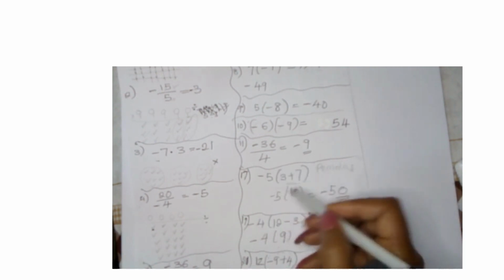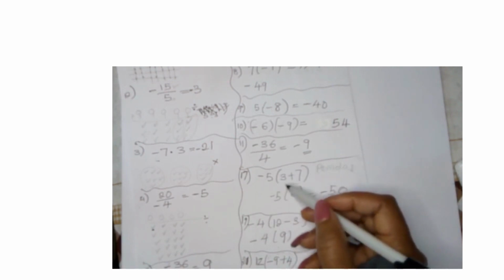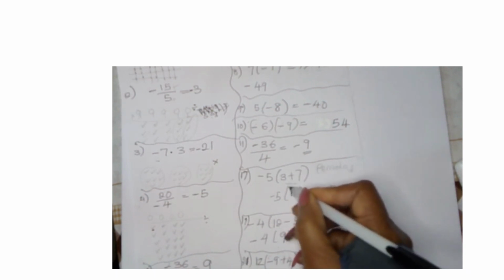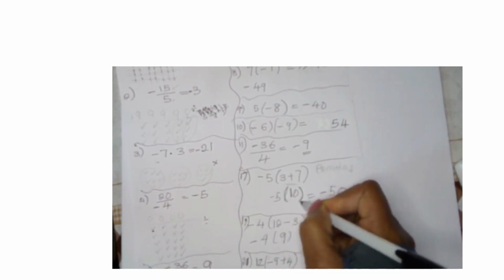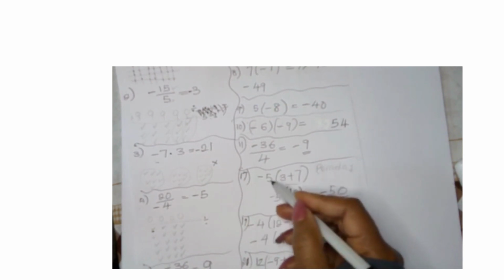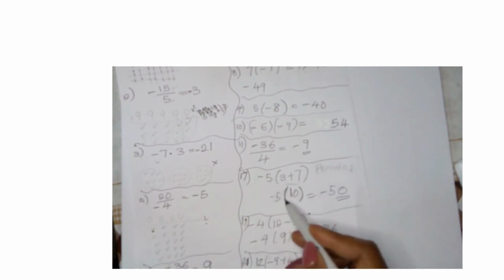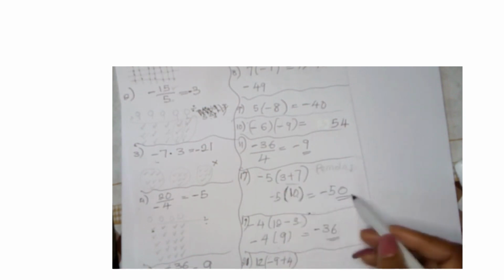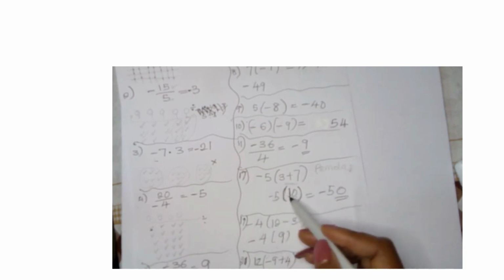So you solve this one first. Negative 3 plus 7, which is 10. You write 10, don't forget your bracket. You bring down negative 5. Negative 5 multiplied by 10 is going to give you negative 50. 5 times 0 is 0. Negative 5 times 1 is going to give you negative 5.